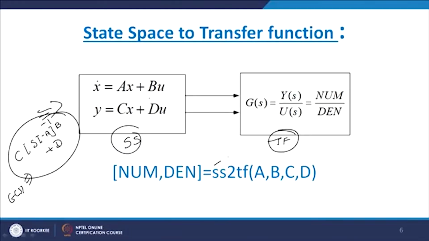But the same thing, if you require in MATLAB, the command which we have to use is SS to TF, that is state space to transfer function, and here we will get output in terms of transfer function. Therefore, here we have entered A, B, C and D.